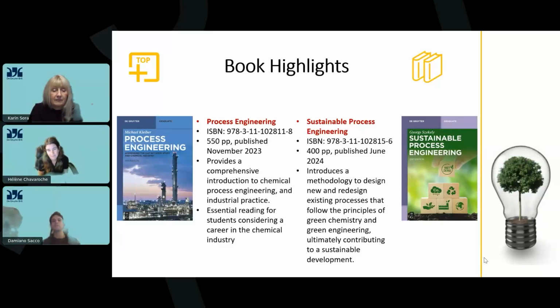And the second one, Sustainable Process Engineering, is clearly key in our sustainable and green engineering focus area. It's a more advanced and more specific text on sustainable process engineering, and it takes over from the stage of the previous one and brings students to a higher level. So these are 2 of our highlights.